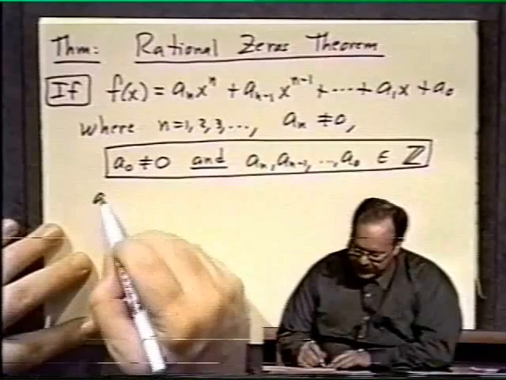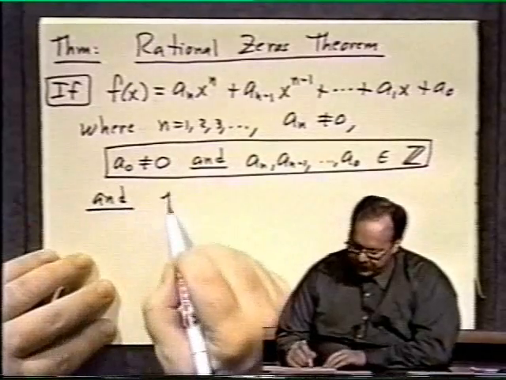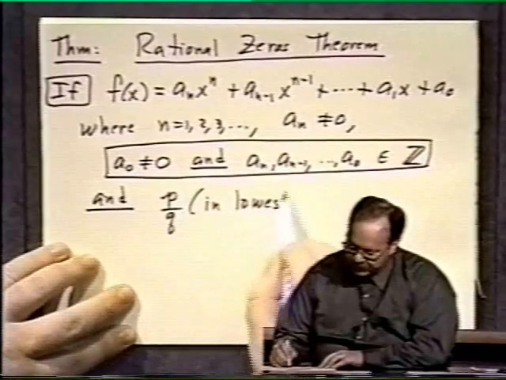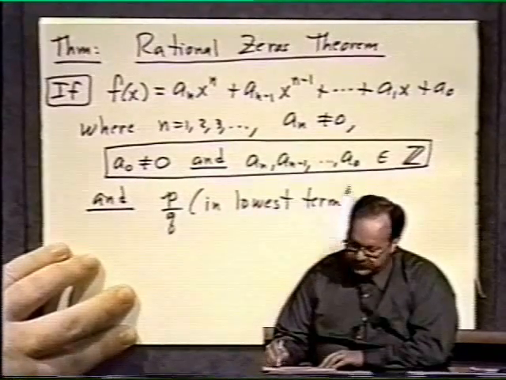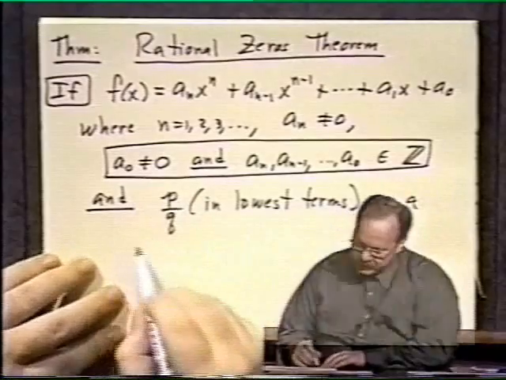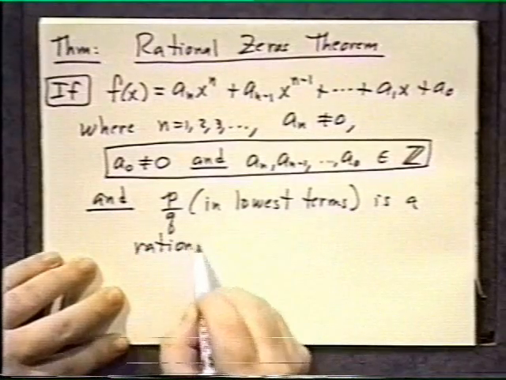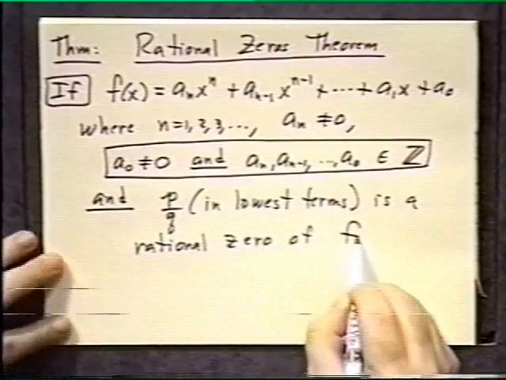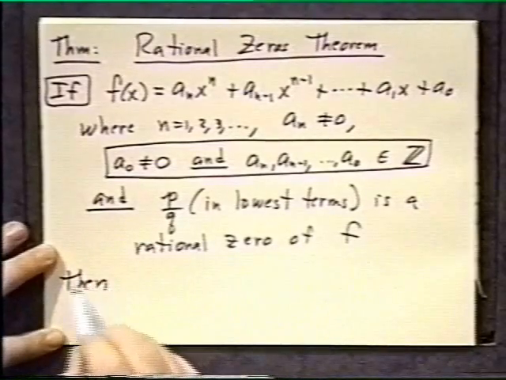If we have all of that and we are looking at P over Q in lowest terms, of course, P over Q in lowest terms is a rational zero of our f here, then what do we conclude?